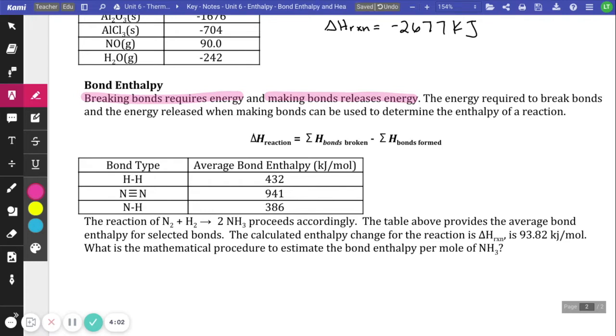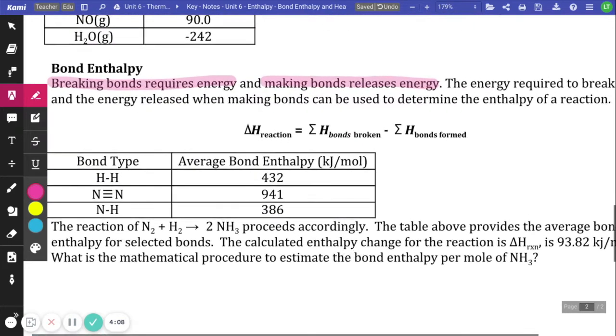So the energy required to break bonds and the energy released when making bonds can be used to determine the enthalpy of a reaction. And here, our equation is that our delta H of our reaction is equal to the sum of the energy of our bonds broken minus the sum of the energy of our bonds formed.